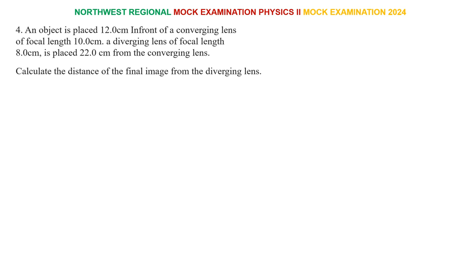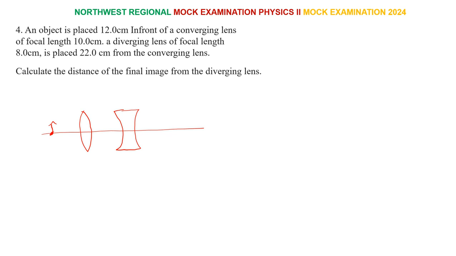Now in general, let me present something like this. Here I have my converging lens, and here I have my diverging lens. I can assume that my object is somewhere here.